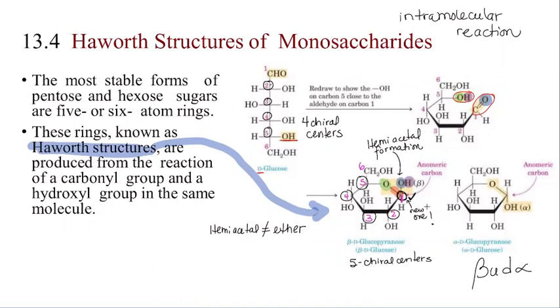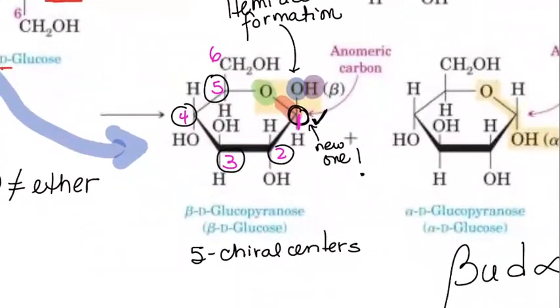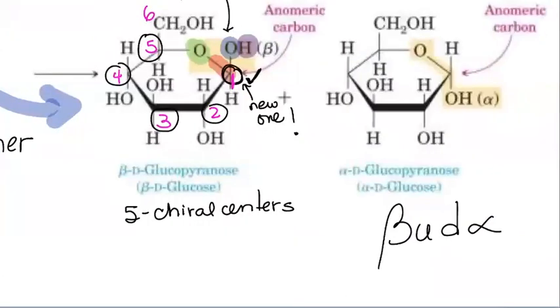So if you know the word Buddha, looking at a cyclic sugar or monosaccharide is not that difficult. You need to know where the anomeric position is. And as I just mentioned to you guys, it is the first carbon where you're coming down from that bond, okay? You look at the OH, it's going to be beta if your OH is up.